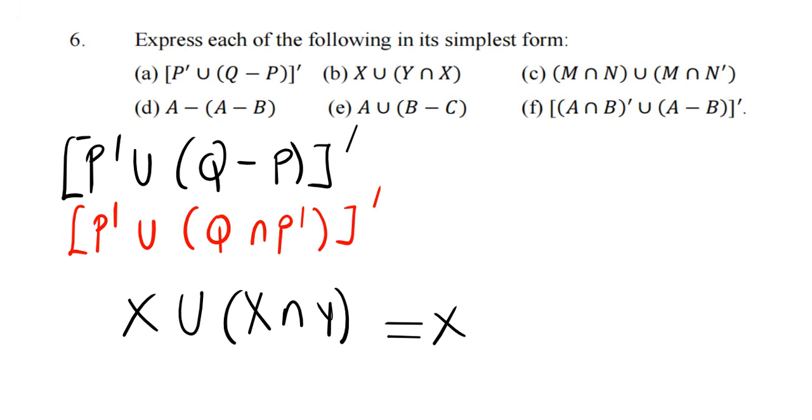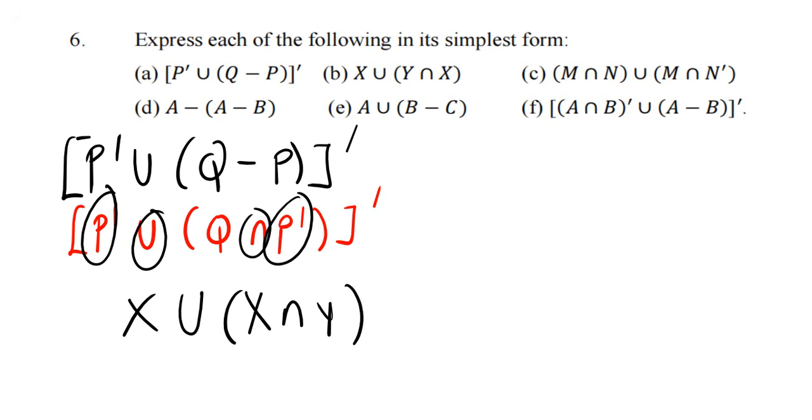What this means is that if I distribute X with everything I have in the bracket, it's just going to give me X. It's called the absorption law. If I compare this law with what I have there, the P complement will act as the X. Then we've got union, we've got an intersection, then we've got Y, which in this case will act as Q. So even this one is absorption law.